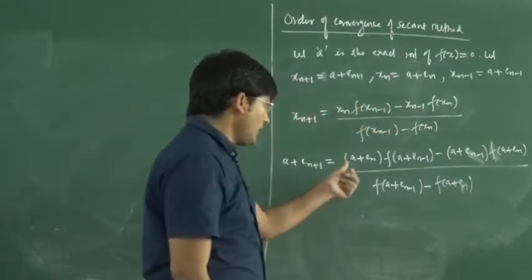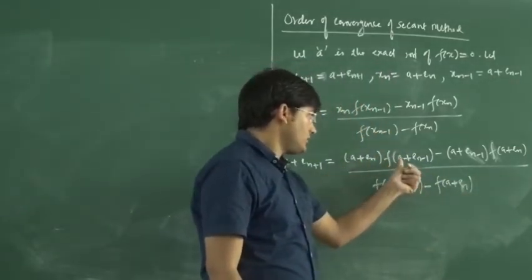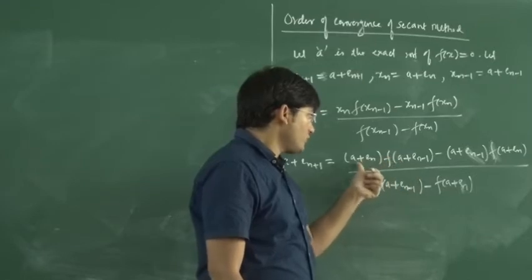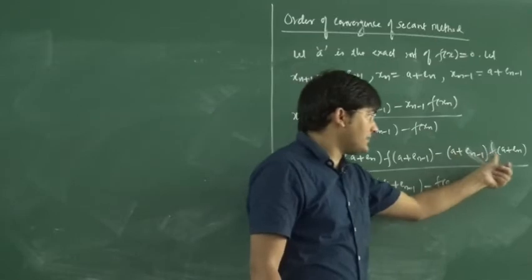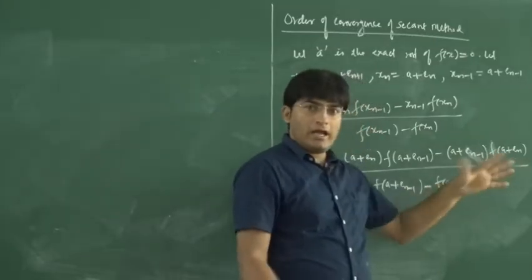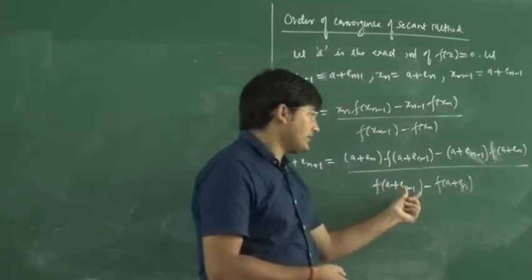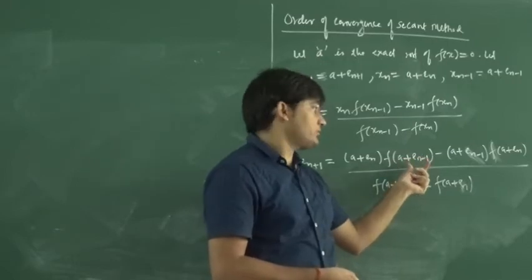Okay, now if you multiply, this will be a times f(a plus e_{n-1}), and here we will have a times f(a plus e_n). If you take a common, you can see that this term will get cancelled with the numerator.